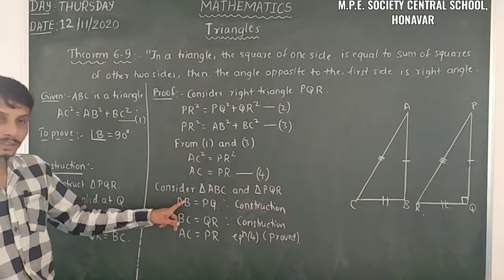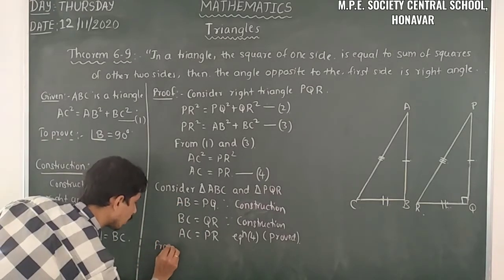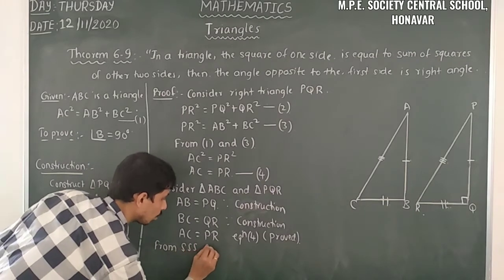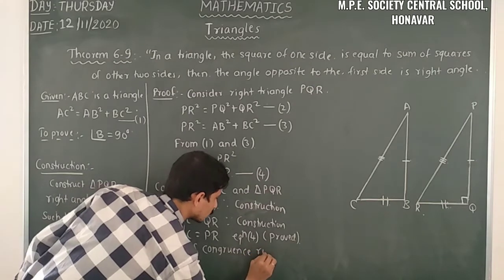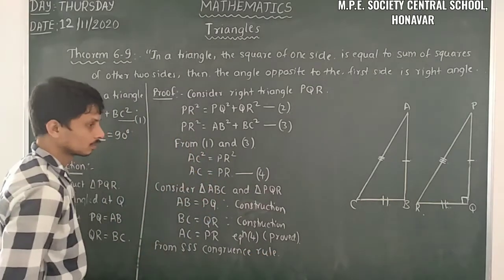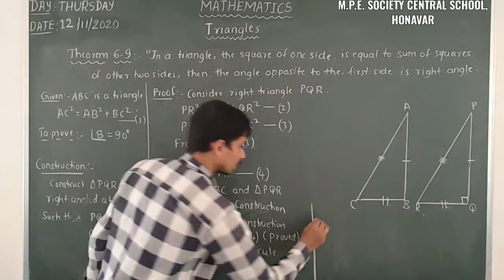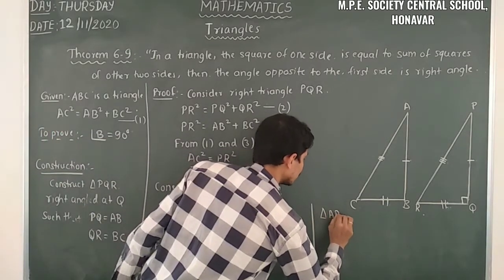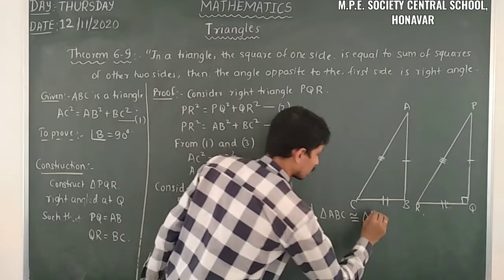Then we have the SSS congruence rule. From the SSS congruence rule, we have triangle ABC is congruent to triangle PQR.